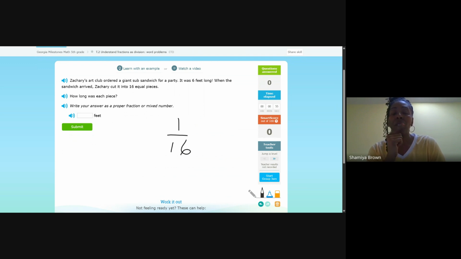So how long was each piece? So 1/16, but it was 6 feet long. So 1/16.